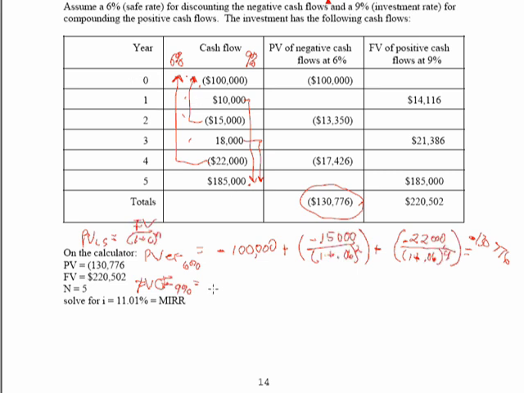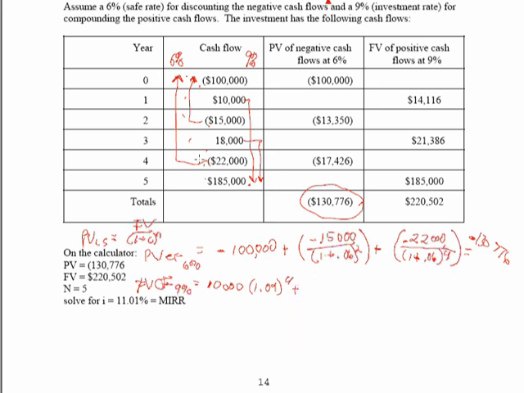We have $10,000. And I'm going to just multiply that times 1.09 for how many compounding periods? Well, again, we're going to take it all the way out to the end of year 5, so it's going to be 1, 2, 3, 4. It's going to be 4 compounding periods. So I'm going to raise it to the 4th power.